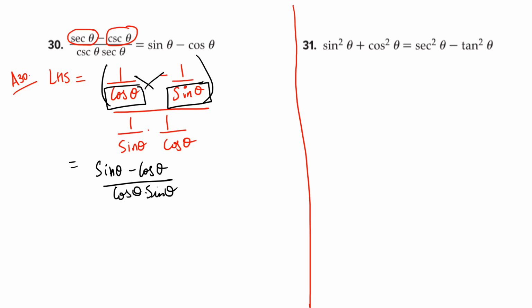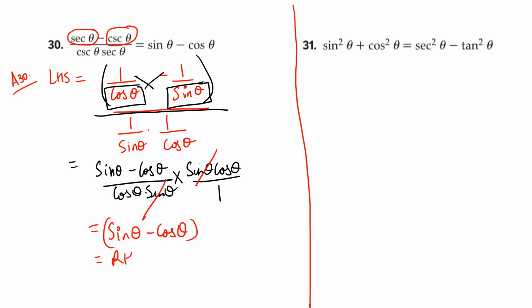Now in the denominator here we already have 1 over sine theta cos theta, so I will do keep change flip: change this division to multiplication and take the reciprocal, and it will become sine theta cos theta over 1. Now it's easy to identify that this term is going to cancel, leaving me with only the right side, which is sine theta minus cos theta. That's what we wanted. Therefore we have proved that both sides are equal and hence we have verified the identity. So we move to the next question.